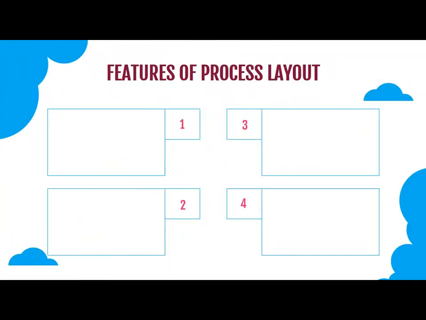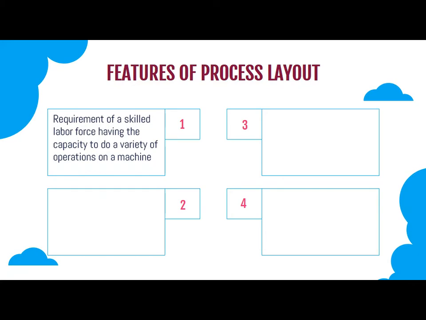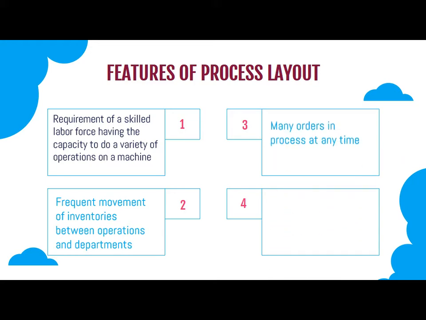Now we will see features of process layout. Requirement of a skilled labor force having the capacity to do a variety of operations on a particular machine. This is a feature of process layout. Frequent movement of inventories between operations and departments is another feature of process layout.